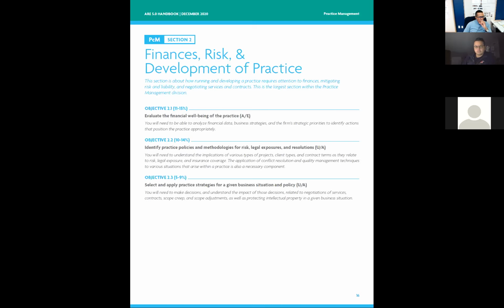You will need to be able to analyze financial data, business strategies, and the firm's strategic priorities to identify actions that position the practice properly. Now, the word positioning, right? How do we position our practice financially properly? It may be opening up a whole sector. It may be that you not only do residential work, but you also do commercial work.